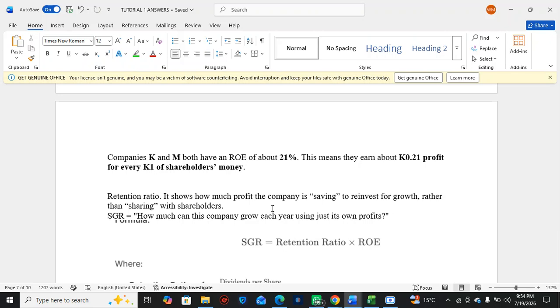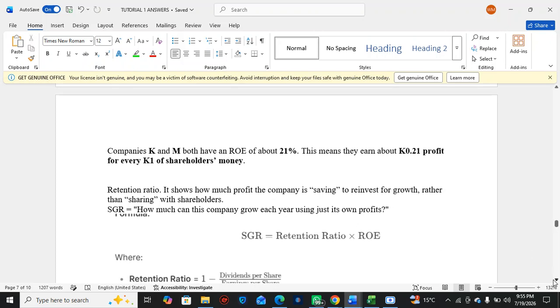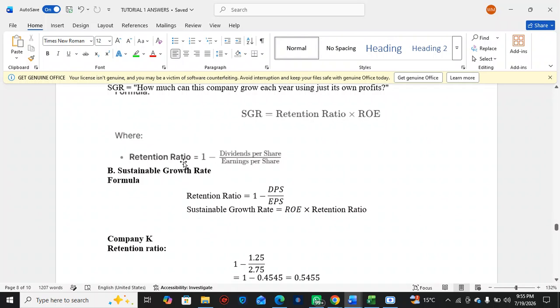That's the retention ratio. When the company gets its profit, remember some has to be kept, some has to be given as dividends. And remember the dividend payout ratio is just how much of the total profit has been paid out as dividends. So the retention ratio, colleagues, all right, this is the formula. It's 1 minus dividend per share over earnings per share.